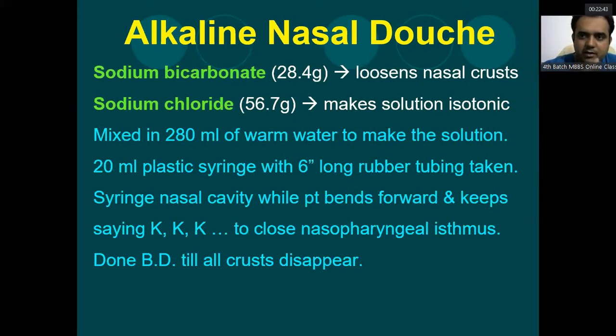You have the IV set, so you can take a part of the IV set and just fix it to the syringe and ask the patient to draw that water in the syringe and do the nasal douching. A part of baking soda and a part of sodium chloride mixed in a glass of water, and use this to irrigate the nasal cavity.